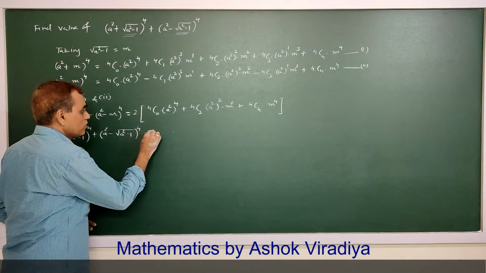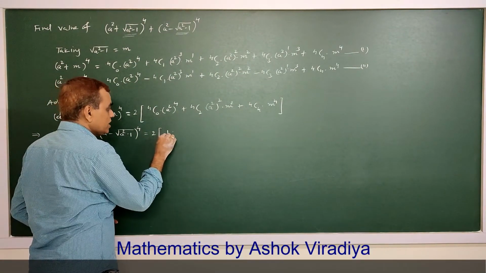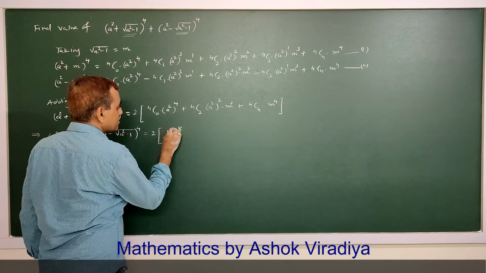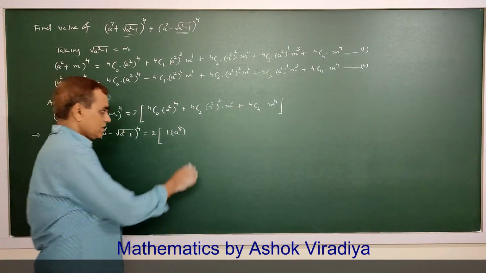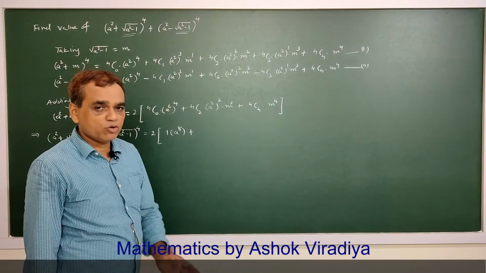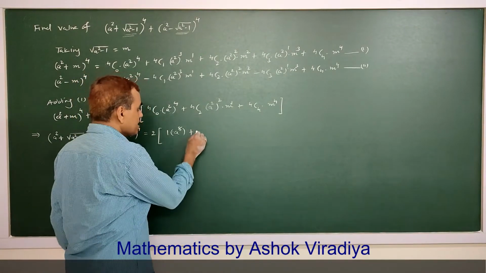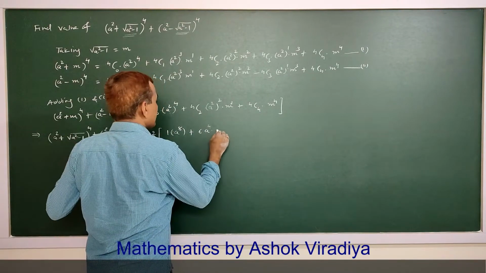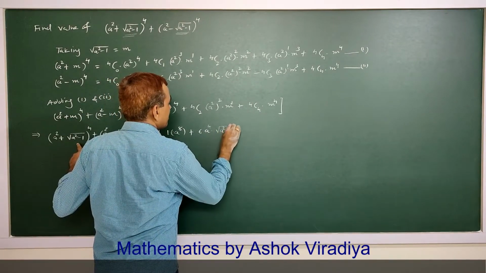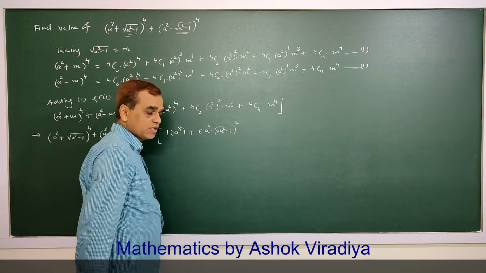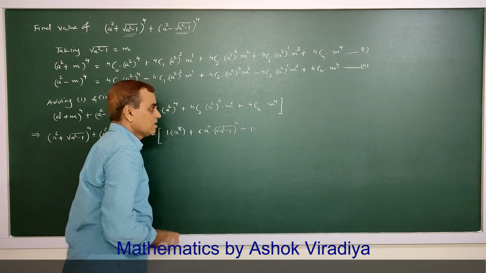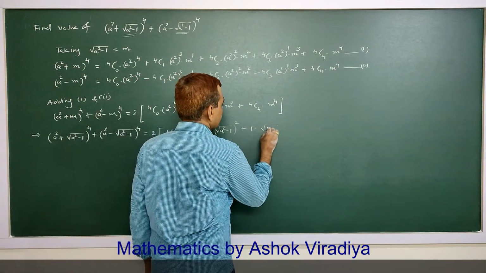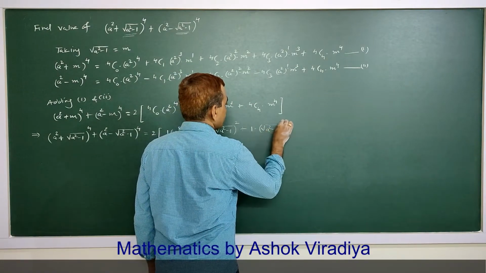It is equal to 2 times 4C0 is 1, this is a raised to 8, plus 4C2 is 4 into 3 upon 2 into 1, 12 by 2, that is 6, into a raised to 4, and m square, that is (root (a square minus 1)) square. 4C4 is 1, and m raised to 4, that is (root (a square minus 1)) raised to 4.